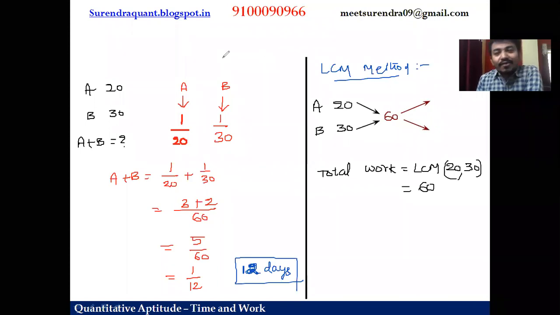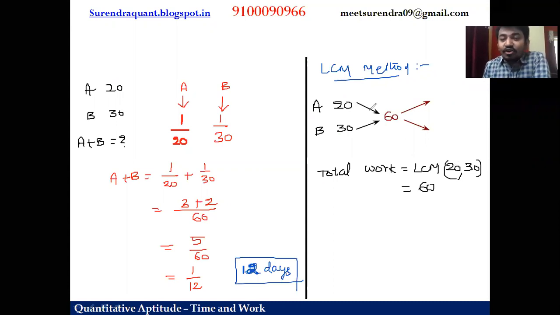Then what is the 1 day work of A? Okay, let us make it a funny example. Now the total chocolates are 60. Let us take the work is eating chocolates. Now when I take the LCM of the 20 and 30, they have to eat 60 chocolates. Now A eats 60 chocolates in 20 days. In 1 day, he can eat 60 by 20, 3 chocolates, right?